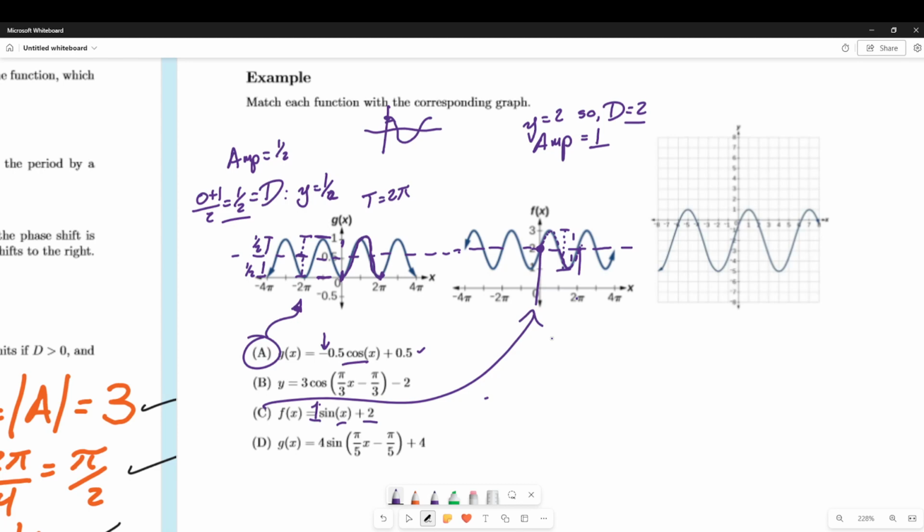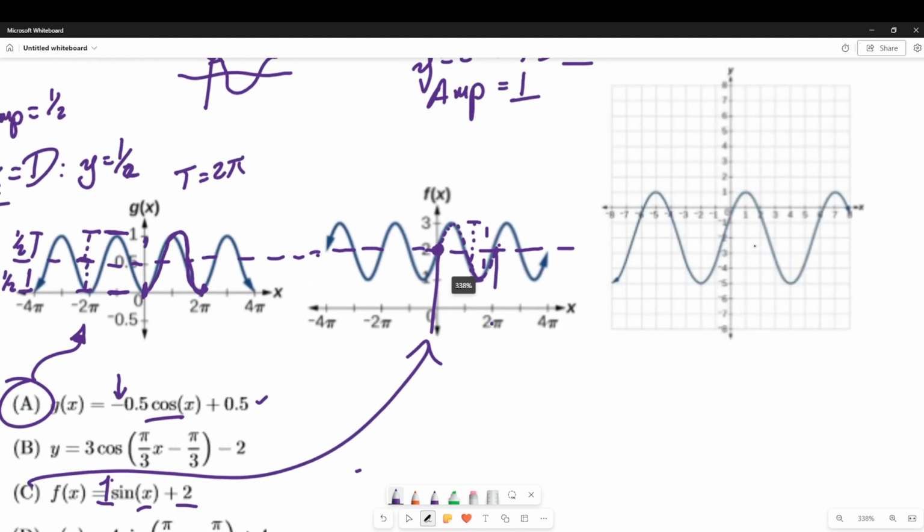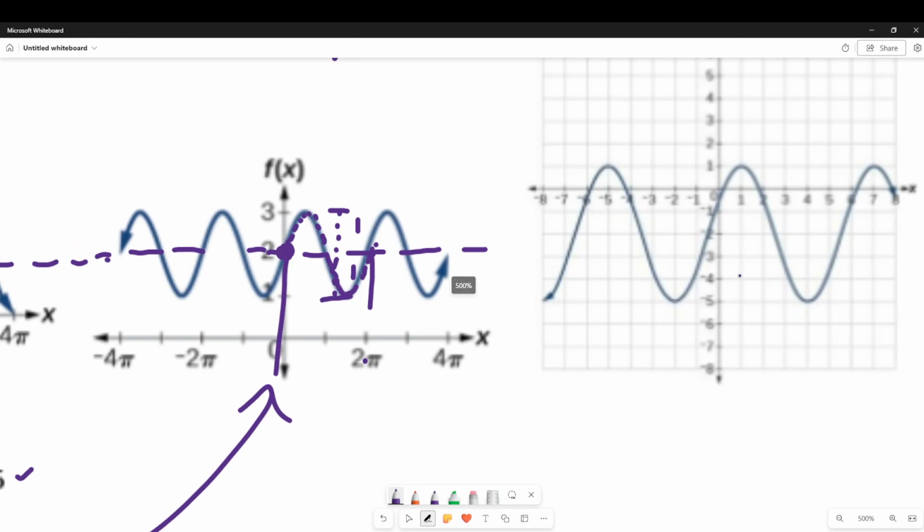This last one's got a little bit more going on, and it's a little bit hard to read, but it does go from a maximum of 1 to a minimum of -5.